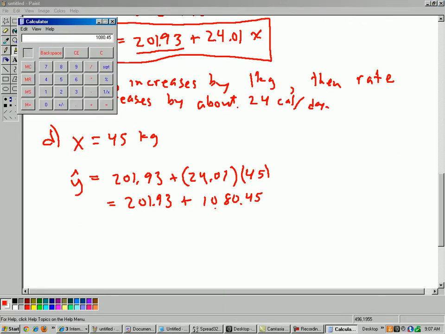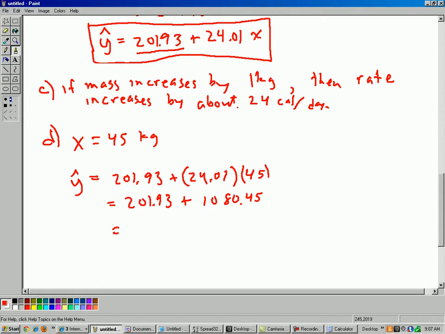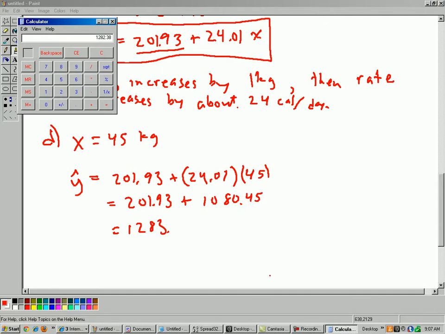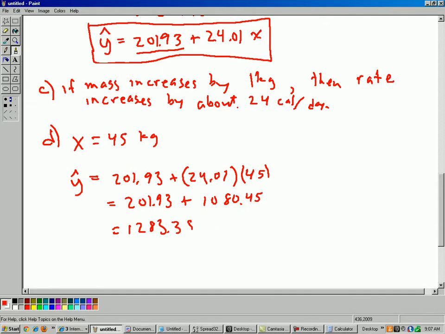So this 1,080.45 is sitting on my calculator right now, so just press plus, and then 201.93 equals, okay, 1282.38. And that would be calories per day. And that's our best prediction on what this woman's metabolic rate would be.